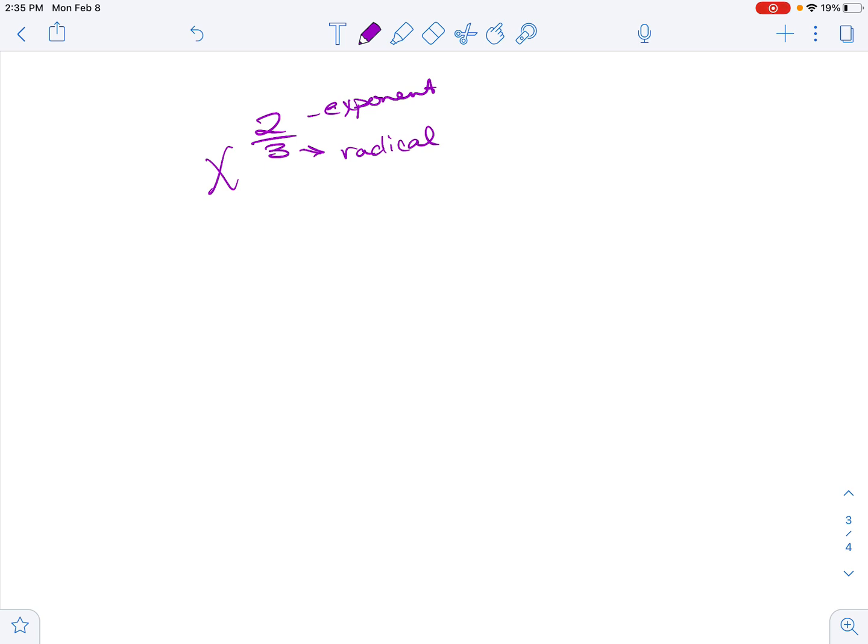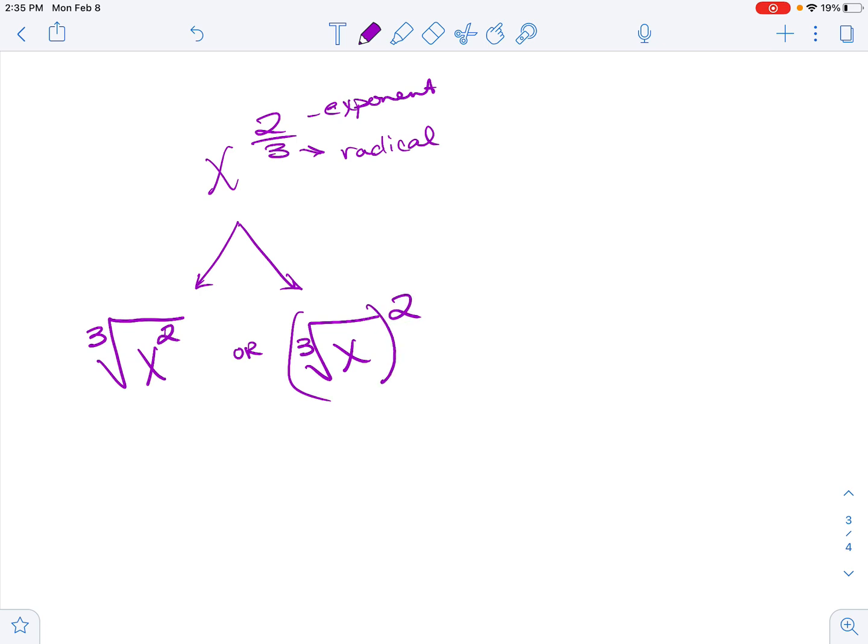So this can be written 2 ways. It can either be written as the cube root of x squared, or it can be written as the cube root of x, squared.